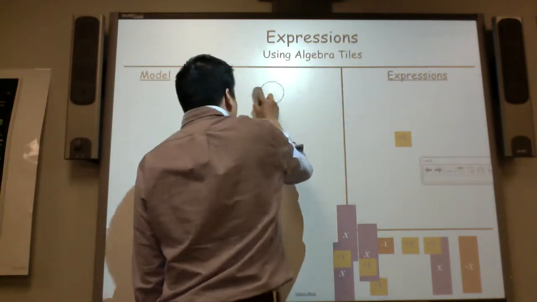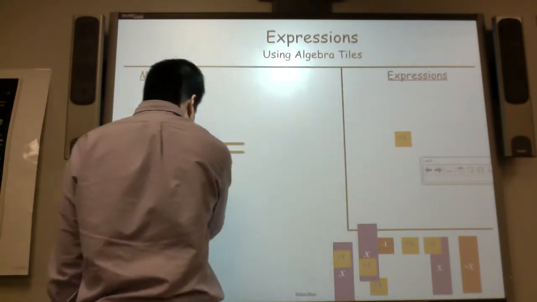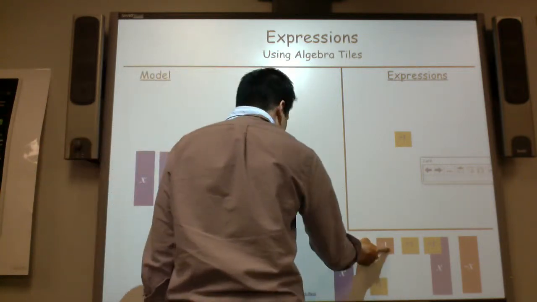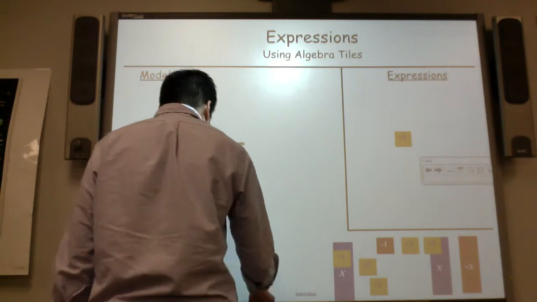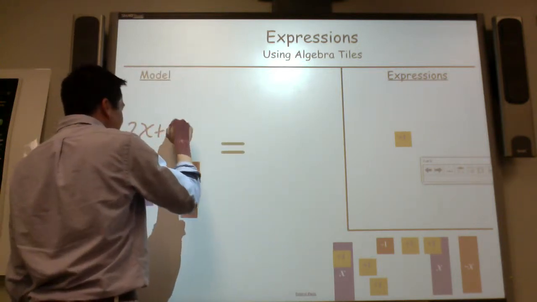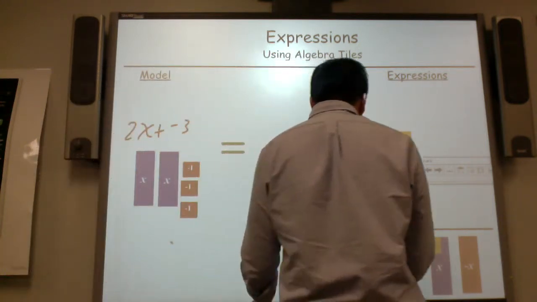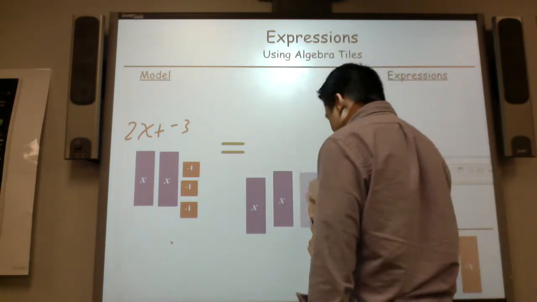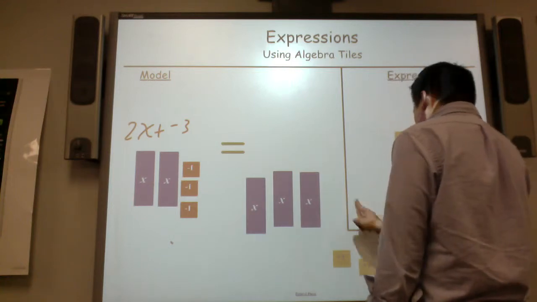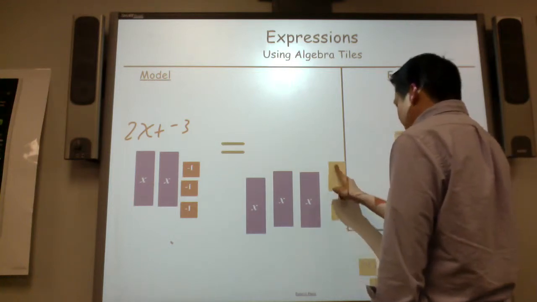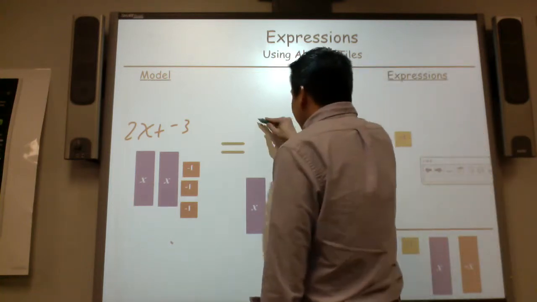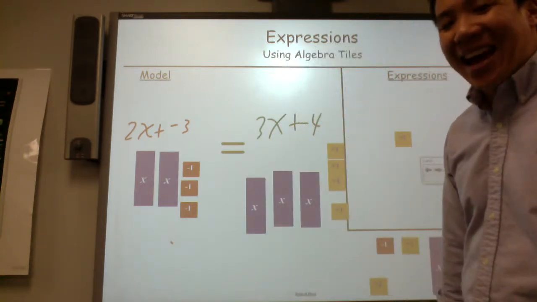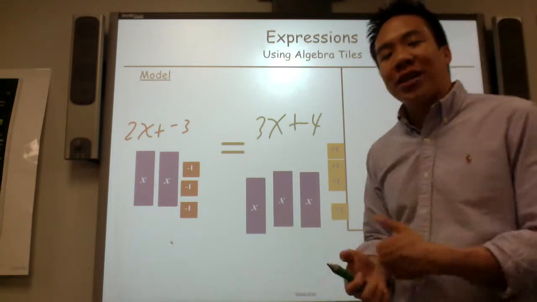What happens if we had this problem? We had 2 x's plus negative 3, and we had 3 x's plus positive 4. I would like you to sort these out and tell me what remains.